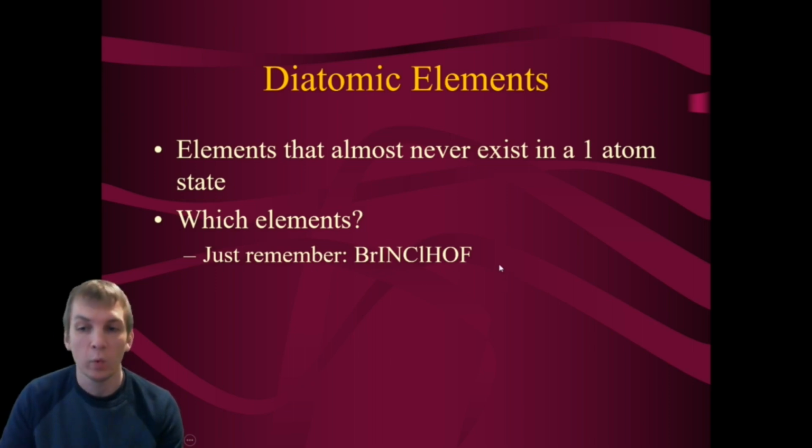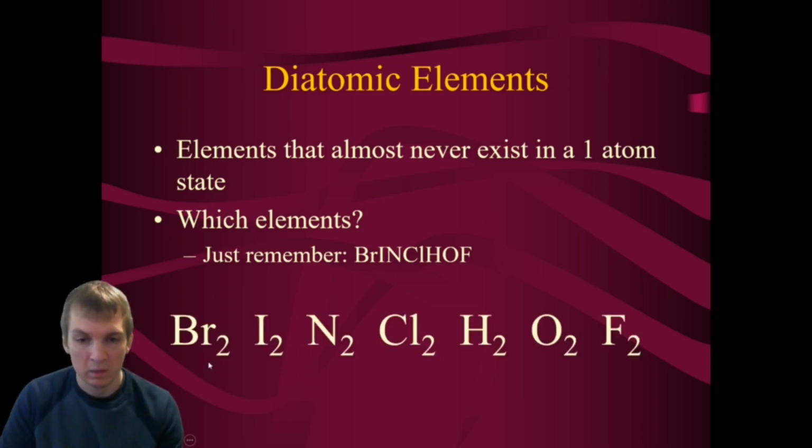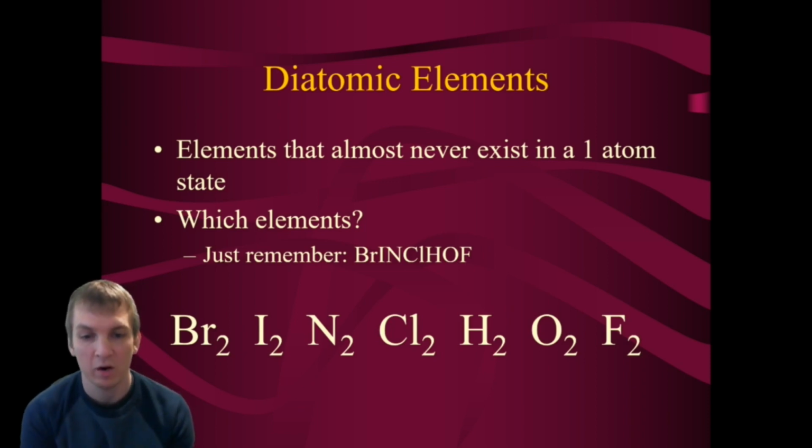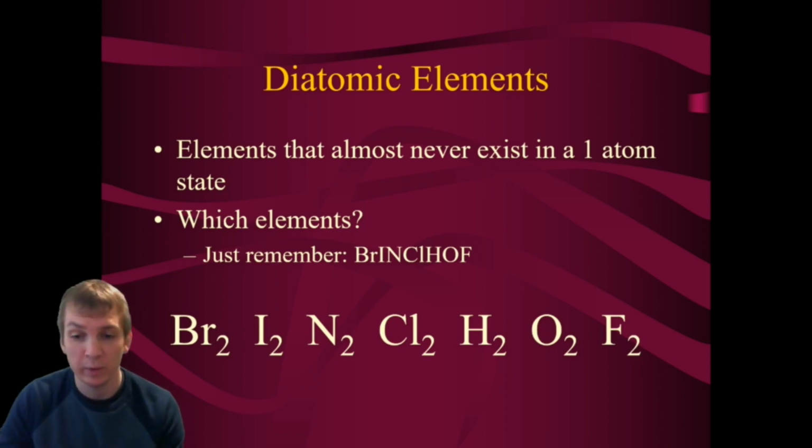That's to indicate which of these elements are diatomic. So bromine, iodine, nitrogen, chlorine, hydrogen, oxygen, and fluorine are all diatomic. So they are always written as Br2, I2, and so on. They always have a 2 at the end when it's just that element.